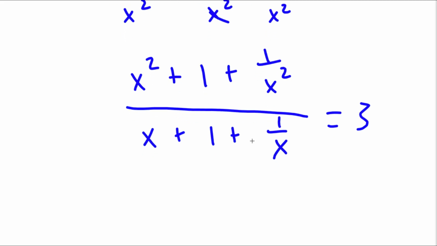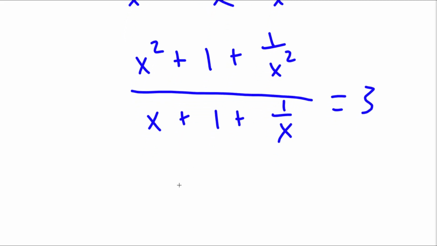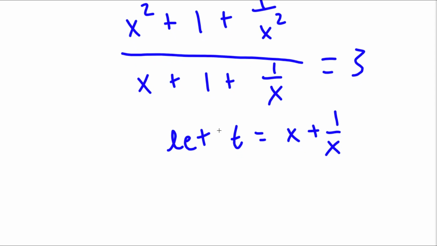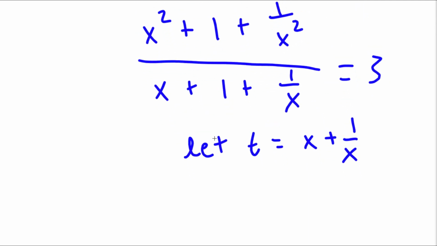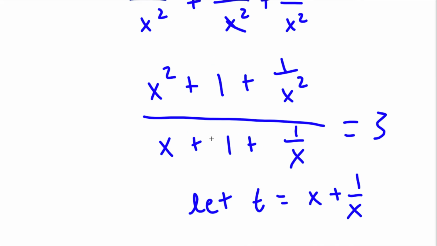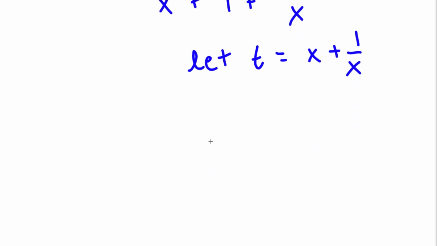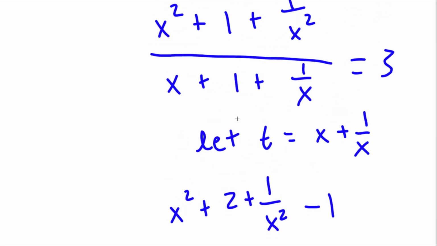Now I'm going to let the variable t equal x plus 1 over x. So now from my numerator here, I'm going to write this as x^2 plus 2 plus 1 over x^2, minus 1, because 2 minus 1 is 1.